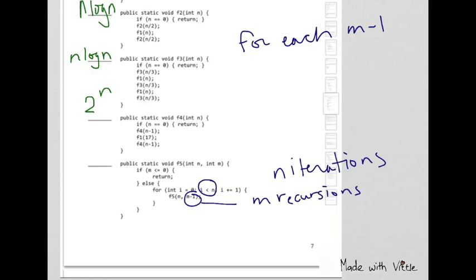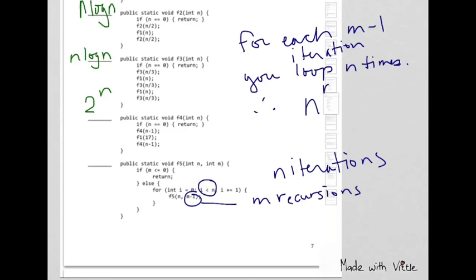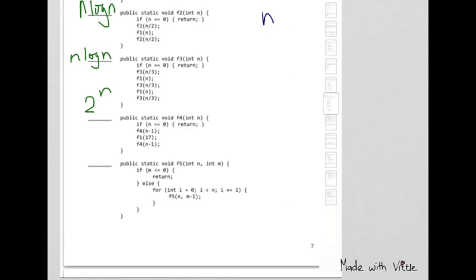For each m minus 1 recursive calls, you get n loops, so it'll loop n times per call, according to the for loop. Therefore, I'd argue that the runtime here would be n to the power of n.